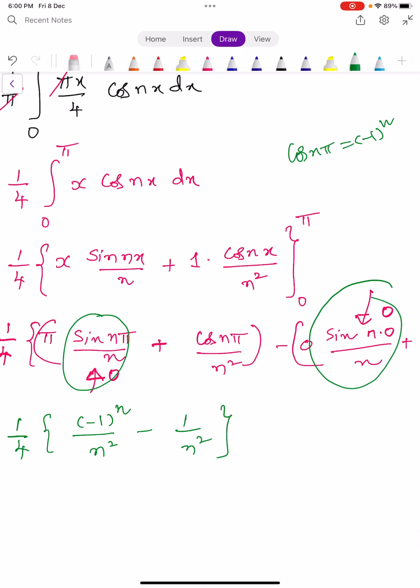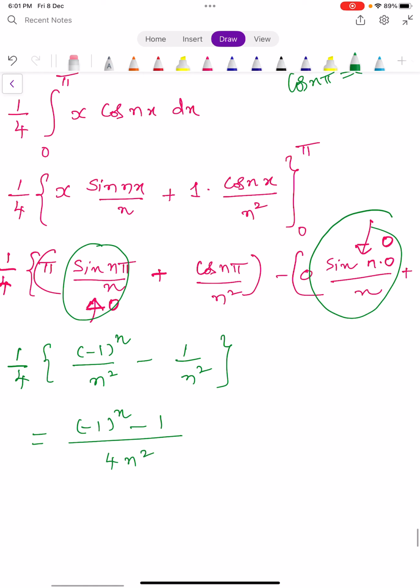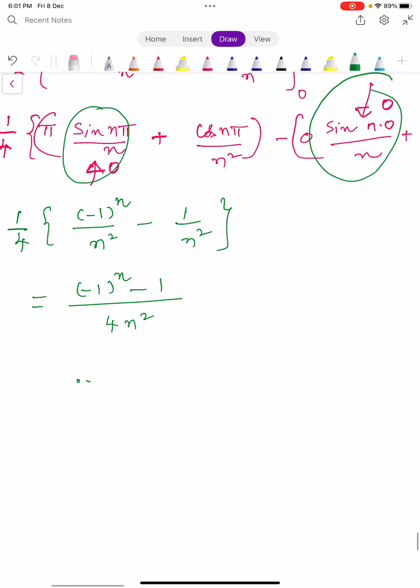This can be simplified again like this: minus 1 power n minus 1 divided by 4n square. Therefore we conclude that an equals minus 1 power n minus 1 by 4n square.